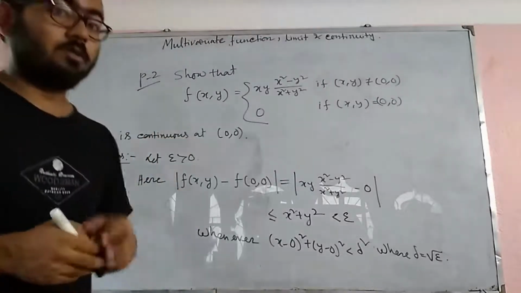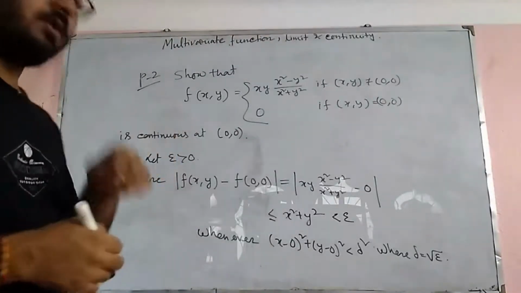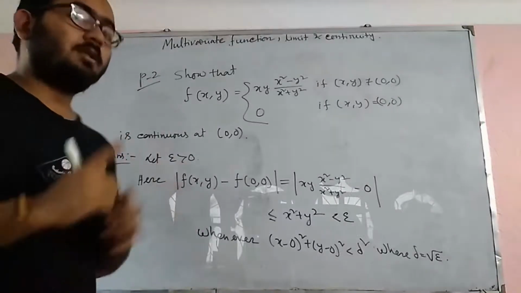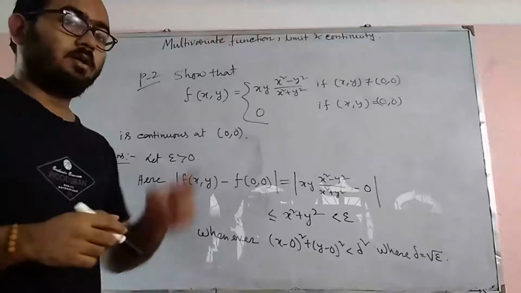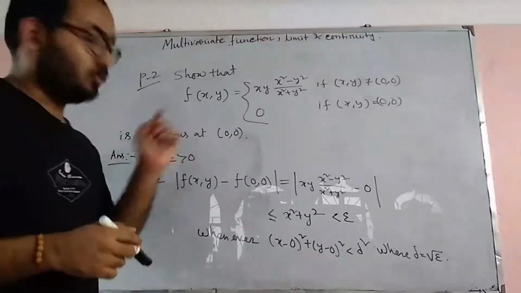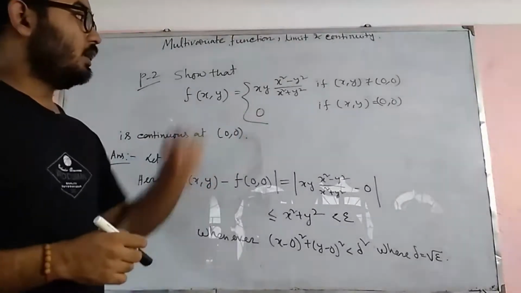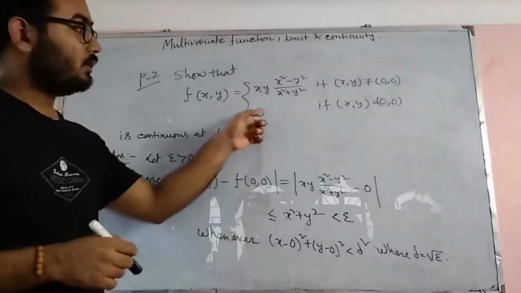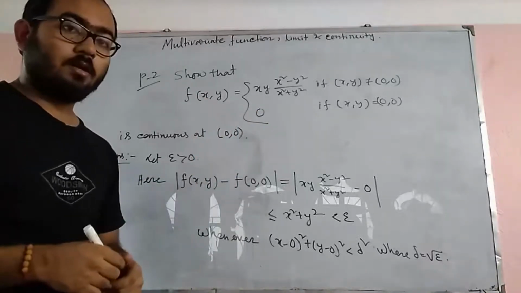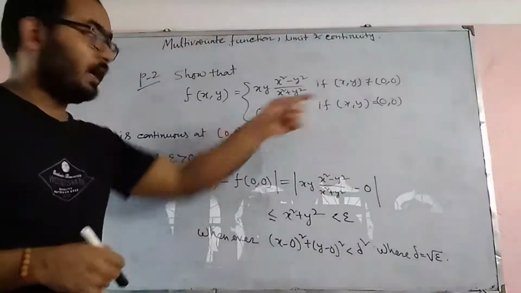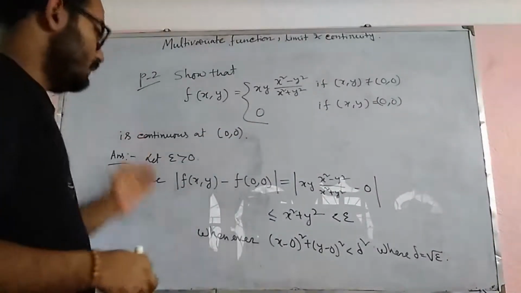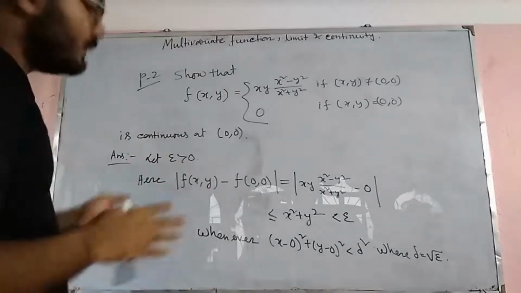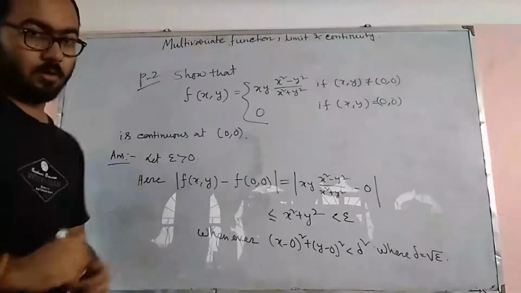But in continuity, the point at which we check the continuity of the function must be in the domain. That is why we define the function here at the point 0. And the procedure is the same as the previous problem.